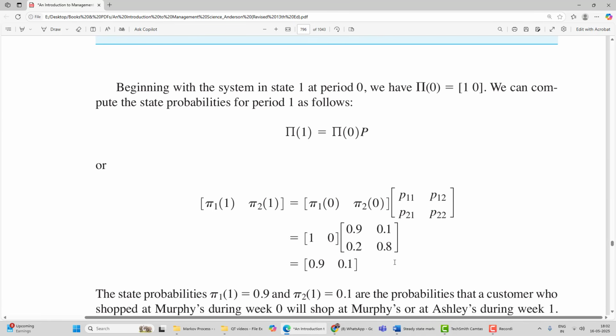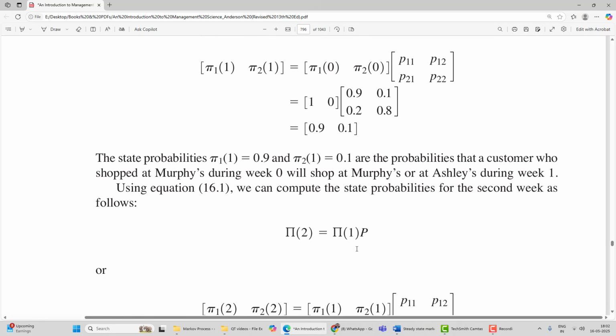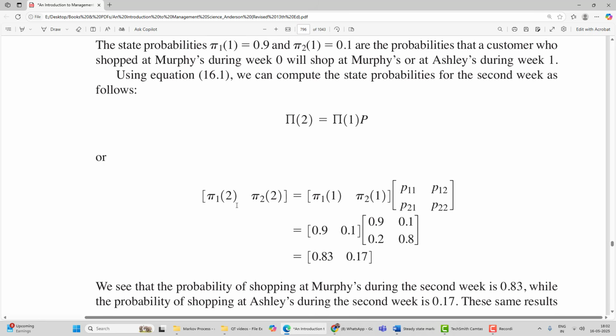And when you want to find out for the second period, now for the second period this 0.9, 0.1 will be the starting point. So instead of 1 0 here, you will use this 0.9, 0.1 here, and because there is no change in the transition matrix, this same matrix will remain there. The second period market share is denoted by pi 1 2, pi 2 2, which is basically pi 1 1, pi 2 1 multiplied by the transition matrix.